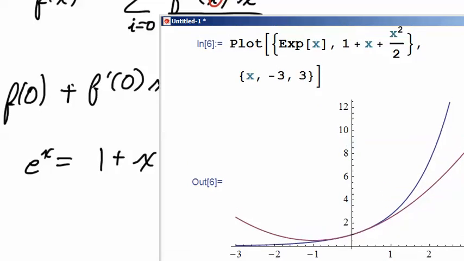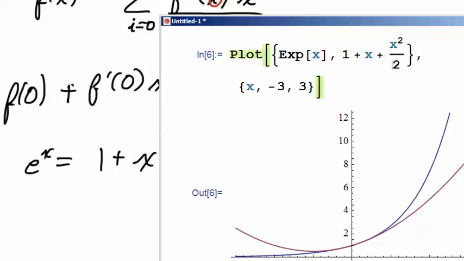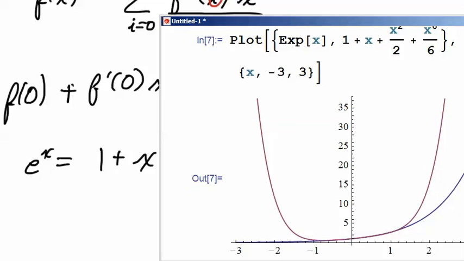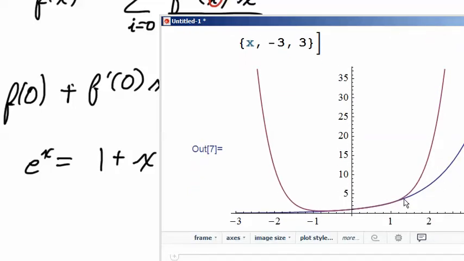And then I will go ahead and put in plus x to the 6th divided by 6, and yet more range of where it matches. So the more terms you use, the longer the range on which this is accurate.